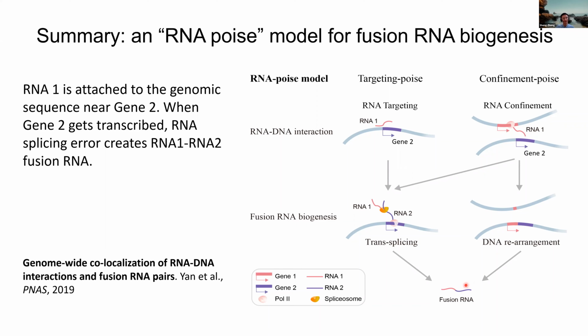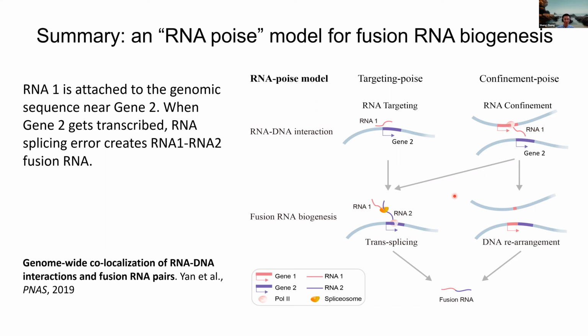So adding this together would be a model for us to explain some of the RNA biogenesis pathways to create fusion RNA. The idea of trans-splicing, RNA splicing error to create fusion RNA, is not new. It has been there for a while.